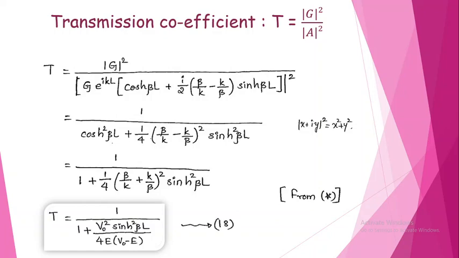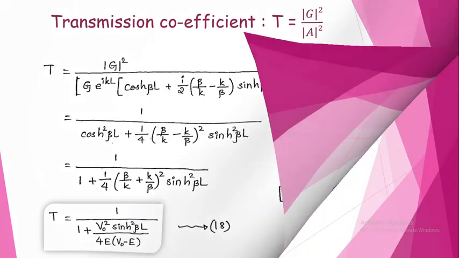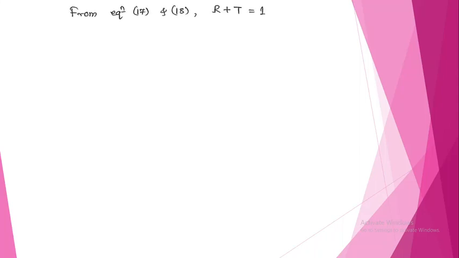Let us call it equation number 18. So R is the reflection coefficient and T is the transmission coefficient. When you add these two equations, we observe that the numerator and denominator are the same terms, and finally we get R plus T equals 1.